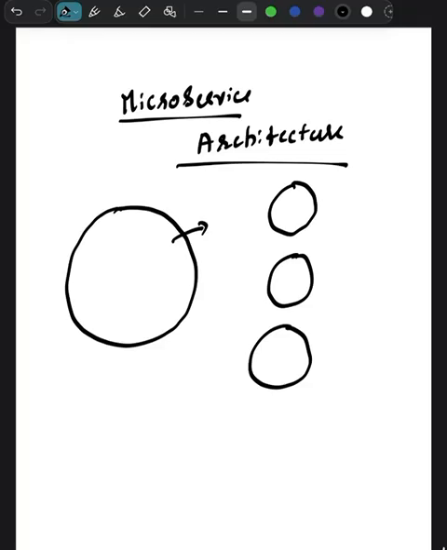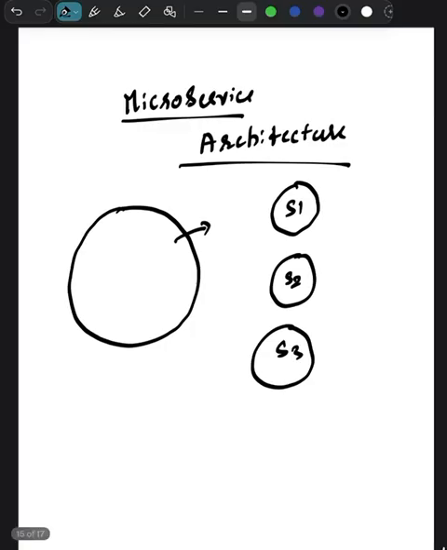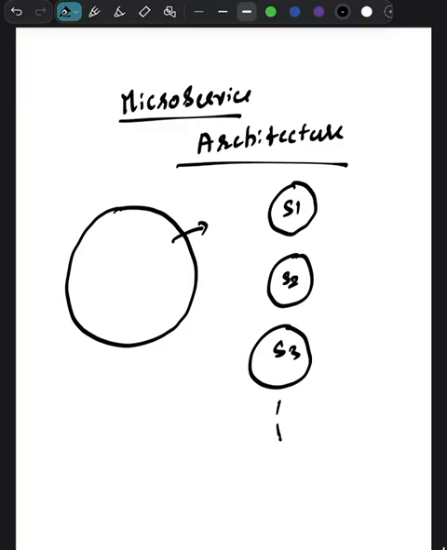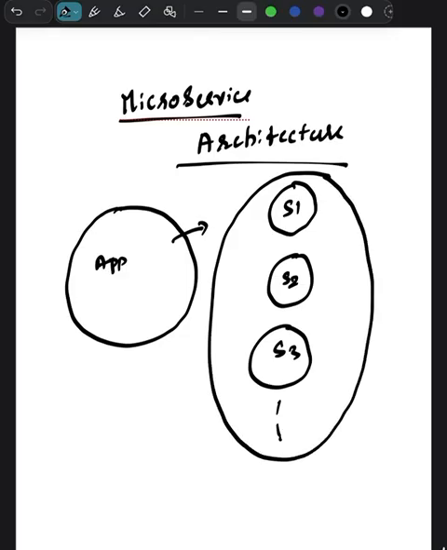This is one service, S1, S2, S3 maybe. So one single application is divided into multiple services, and all together becomes one application. The application is divided into multiple independent services.